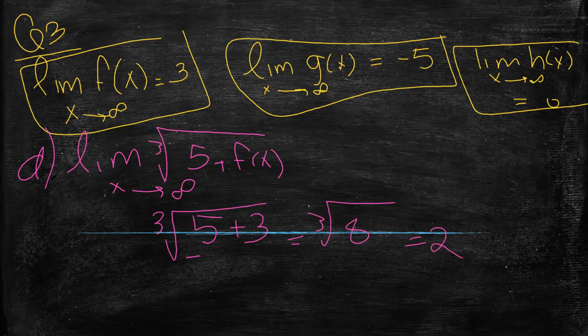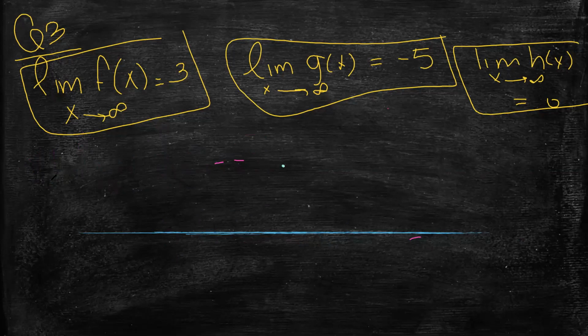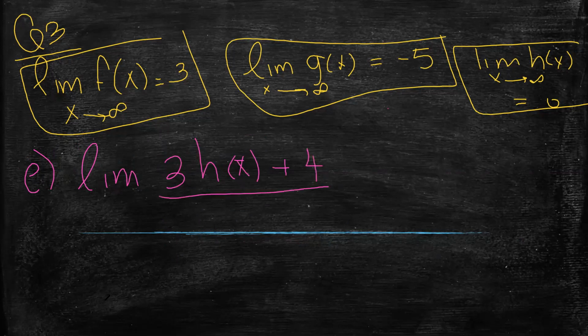Now, Sadan. Here in E, we have limit 3h of x plus 4 over x squared when x approaches infinity.